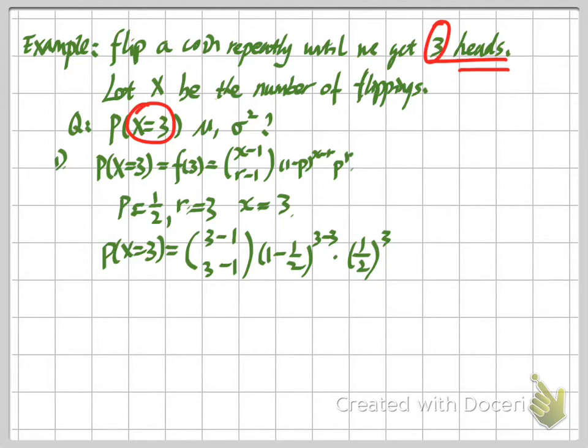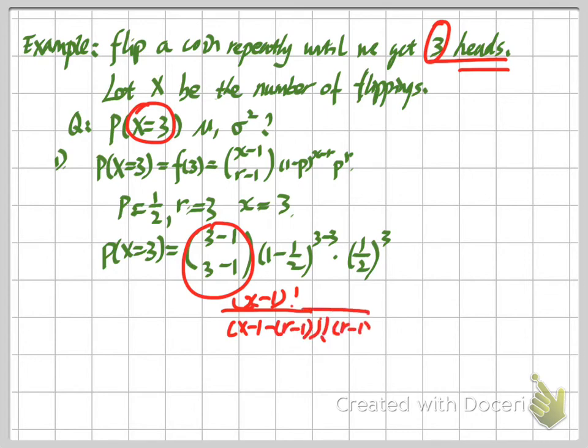Now in this question, the combination here is actually equal to what? This is x minus 1 factorial divided by x minus 1 minus r minus 1 factorial and r minus 1 factorial, right? This is by our definition of a combination.